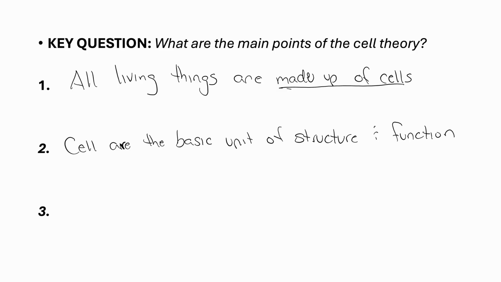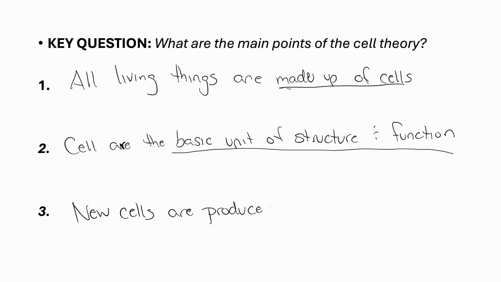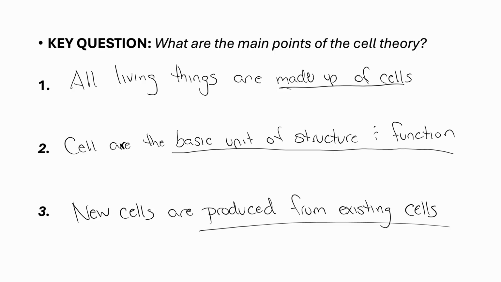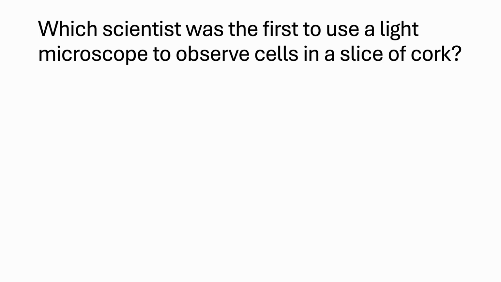What this is referring to is that cells have different shapes. Because they have different shapes, they do different jobs within the body. And finally, new cells are produced from existing cells. In other words, cells come from other cells. So again, those three parts are the basis for the cell theory.